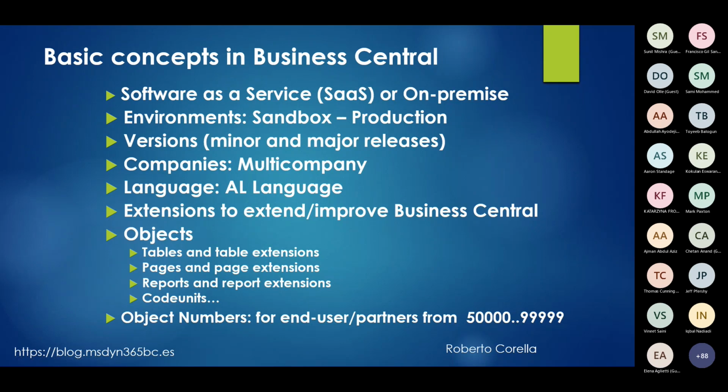You need a special range that Microsoft gives you to create your extension, right? This is important because this range is only for extensions that you put in your customer's Business Central, for yourself, or that your partner puts in your system, right?